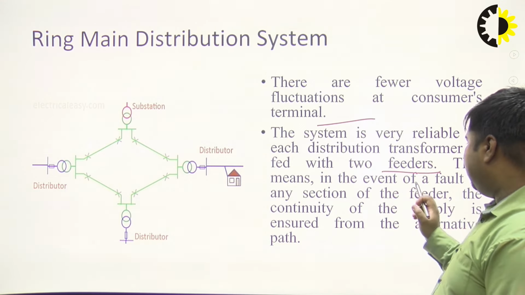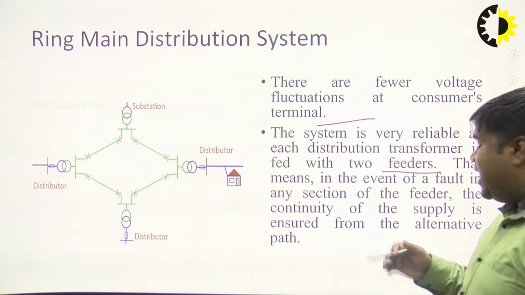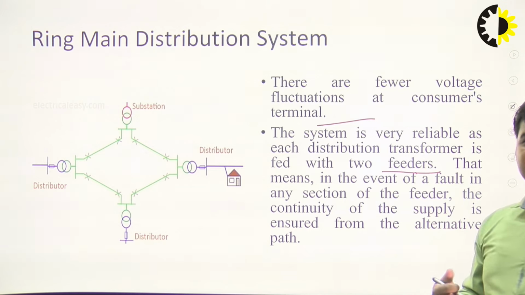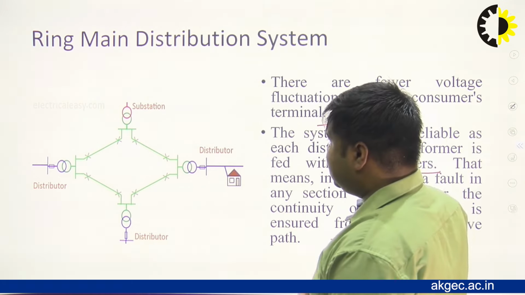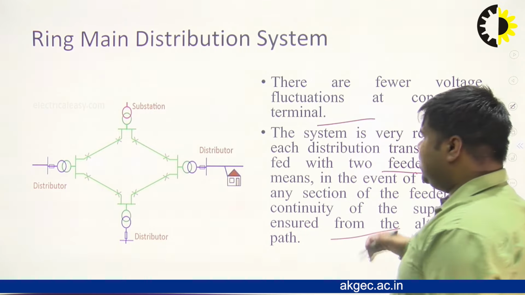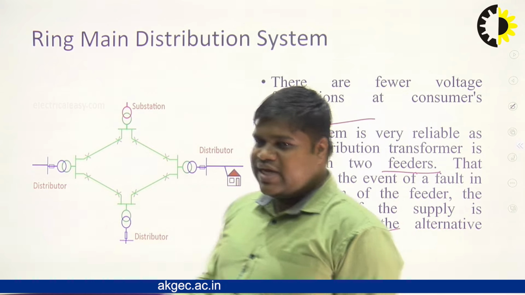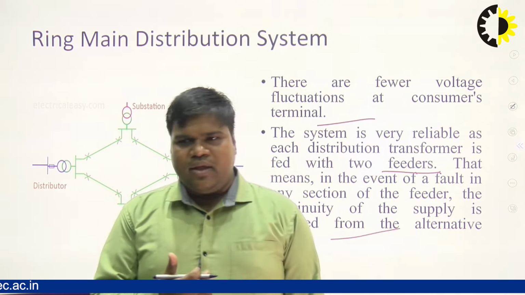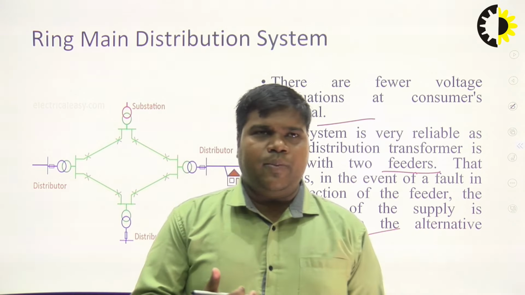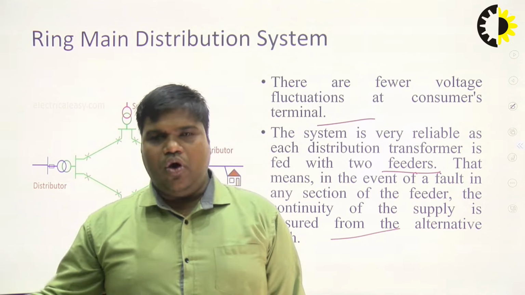That means in the event of a fault in any section of the feeder, the continuity of supply is ensured from the alternative path. If one fails, the second is responsible for efficient and smooth operation of power supply.